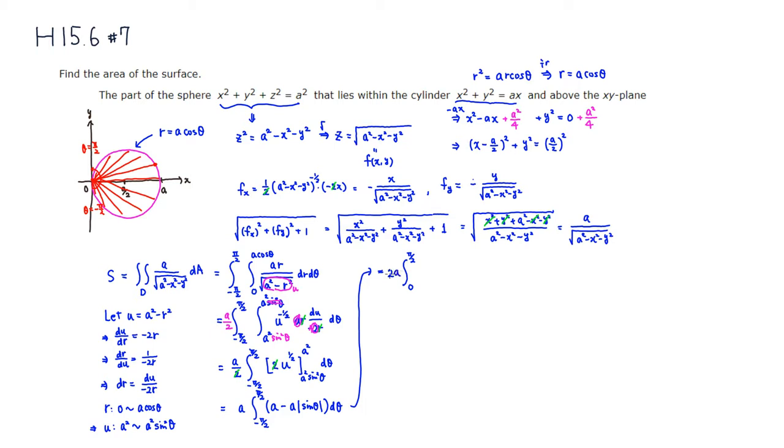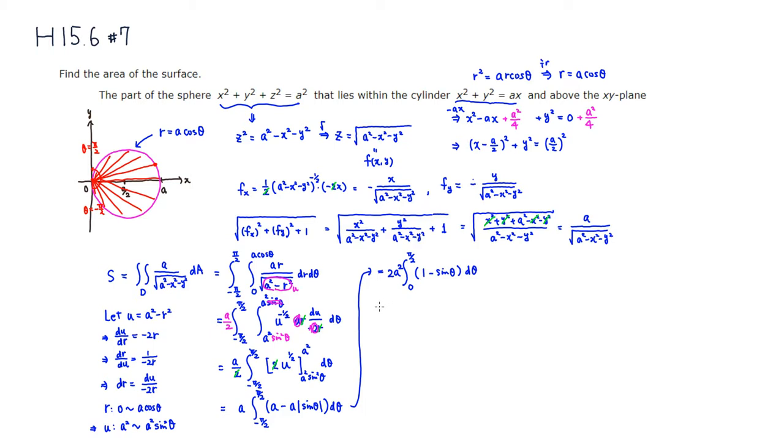Also a is in common, so I'm going to put a squared, then you're going to have 1 minus sine of theta. I took the absolute value sign off because between 0 and pi over 2, sine of theta is always non-negative, so we'll be fine.